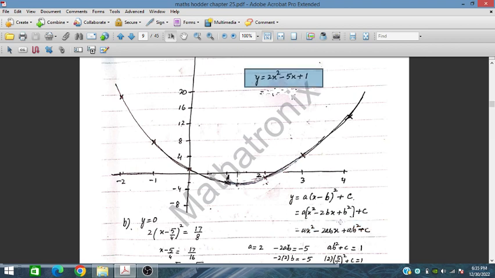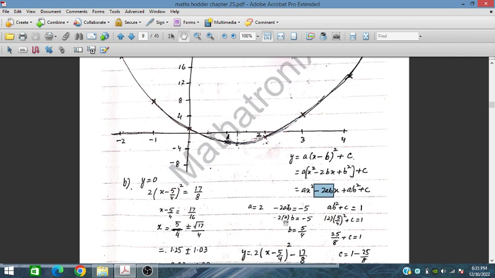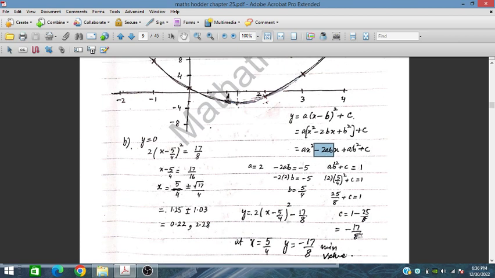Similarly, ab square plus c is the constant value, which is 1. So from this we have a equal to 2, then b is equal to 5 upon 4, and placing a and b here, c is obtained as minus 17 upon 8.